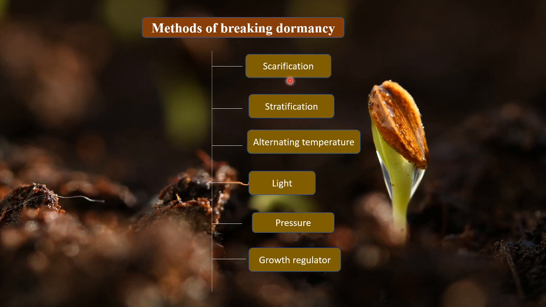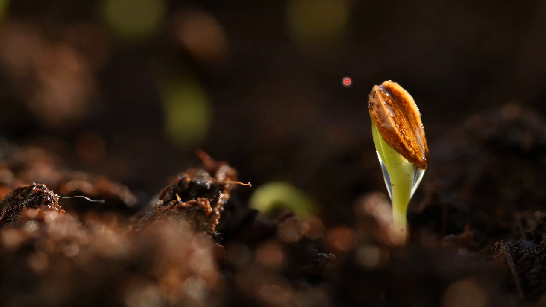Now we will consider each of these methods one after another so that you can understand what each method does to break dormancy. So the first method that we are going to understand is scarification.